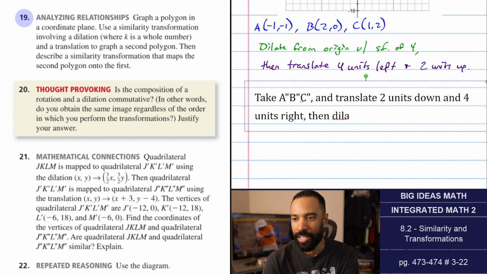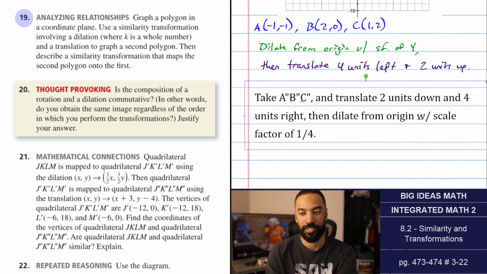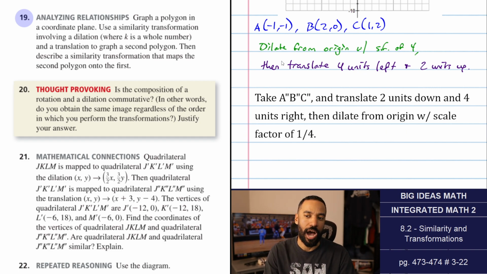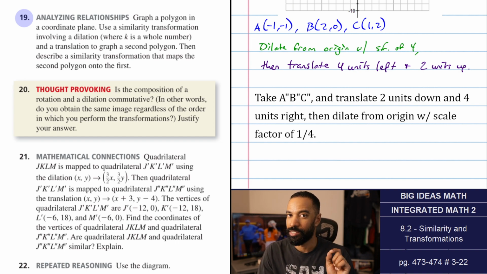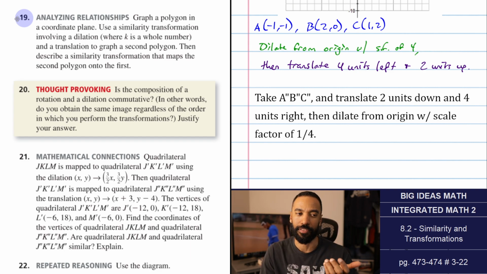Then dilate from origin with scale factor of 1/4. So it goes the opposite direction with everything that you do, which is a pretty good way of talking about that. And no, I can't do the dilation first. You can do that dilation and a different translation, but you have to account for the fact that everything's dilated down now before you do that.